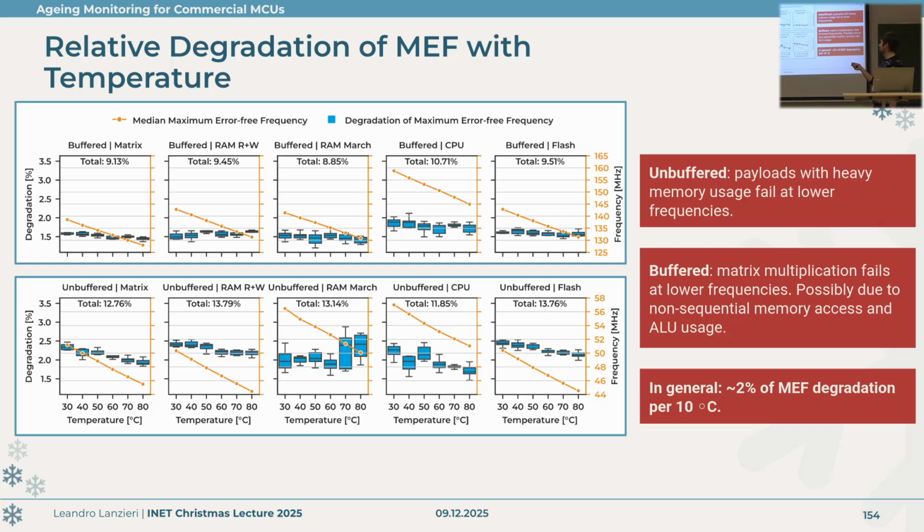In the buffered part, we see that the multiplication of matrices is failing at the lowest frequency of all of them, and we assume that it might be due to some non-sequential access and the heavy usage of the arithmetic logic unit. But in general, across all of them, we observe approximately 2% degradation of the maximum error-free frequency for every 10 degrees that the temperature is increased on the microcontroller.